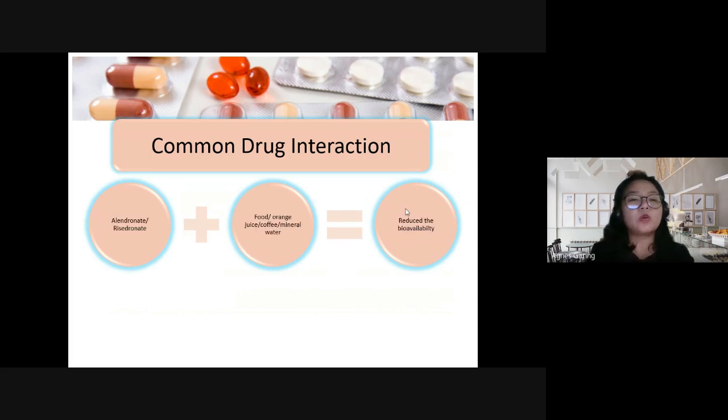Okay? So, common drug interactions, another example is alendronate or risedronate. So, this one class is an... ano ba tawag dito? Anti for osteoporosis. Okay? It's used for osteoporosis. So, if it is taken with food, orange juice, coffee, and even mineral water, there is a significant reduction in the bioavailability.